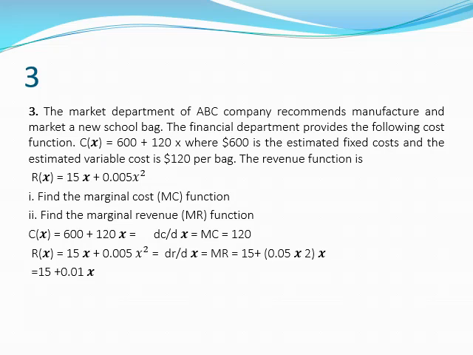It is easy: the differentiation of 6000 plus 120x is just 120. The differentiation of total revenue gives the marginal revenue.